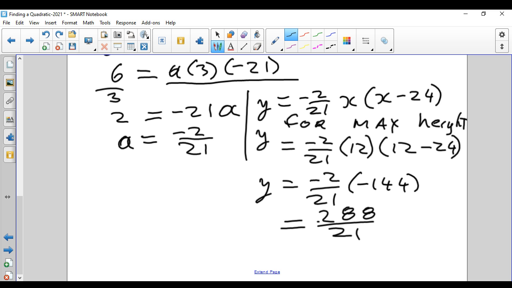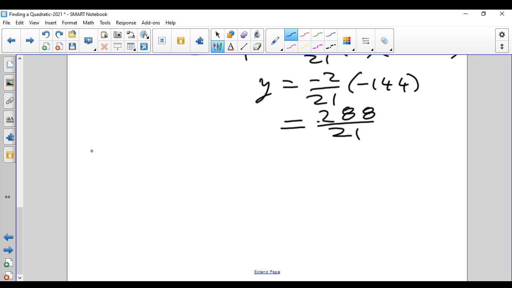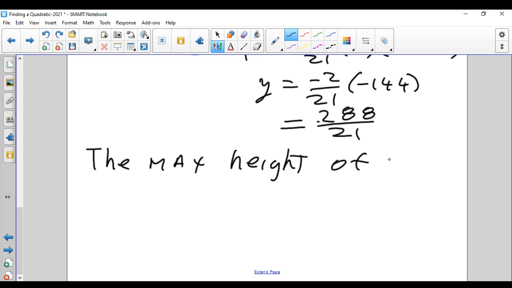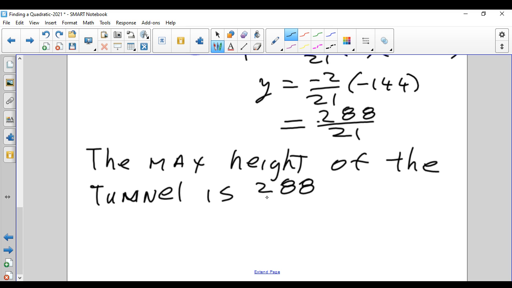Now I'm going to leave it in that form. I mean, you could always grab a calculator and get some decimal number from this, but I'm ready to write my statement. I'm going to leave it in exactly that form. So the max height of this tunnel, giving you a formal statement here, I should spell tunnel right, is 288 over 21 meters high.